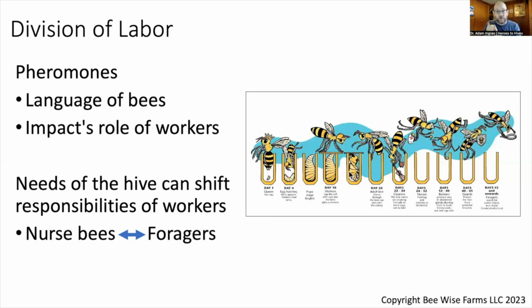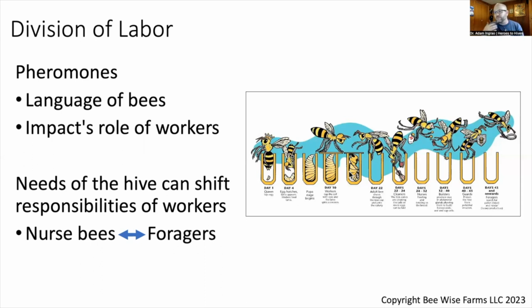Insects and plants overall, this is how they communicate, through volatile chemicals. You have pheromones, kairomones, all these different types of volatile chemicals that play all of these different roles in the landscape when it comes to plants and insects. But essentially, plants and insects are talking to each other through these pheromones, through these volatile chemicals. And that is the language of the bees.